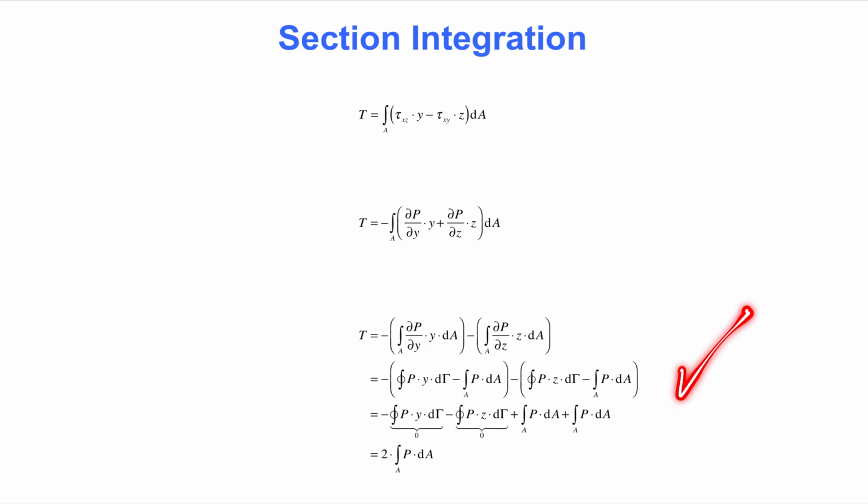The result is as shown here because the boundary integrals vanish on account of the fact that the stress function is 0 around the outer edges of the cross-section. This result, which says that the torque at a point along the beam is twice the volume under the stress function, is a cornerstone of St. Venant torsion theory. It is important to understand that the factor 2 is generally valid.